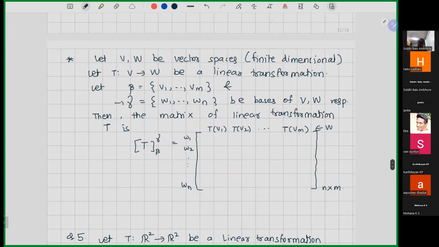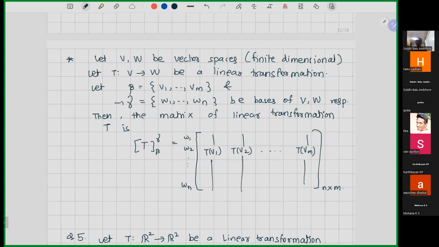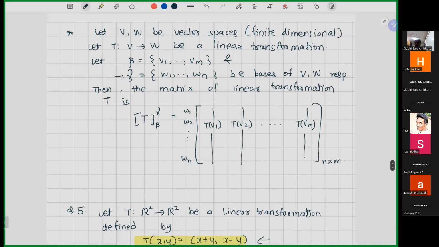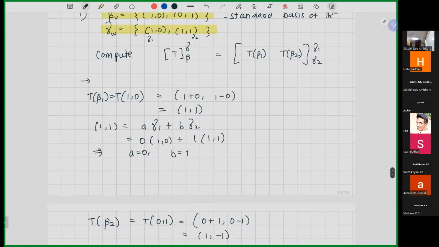Let me write this here: this needs to be TV1 entire row, TV2 entire column, so on, up to TVM, this entire row. And the coefficients are the gammas, the coefficients from the basis of the codomain. Make sure to write it properly.